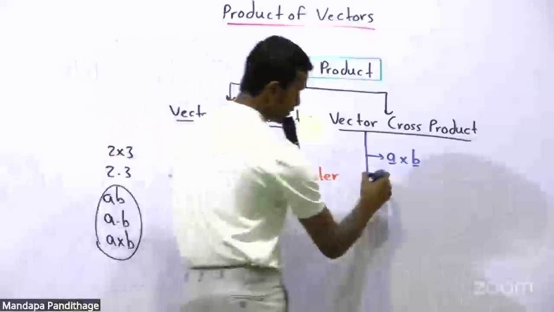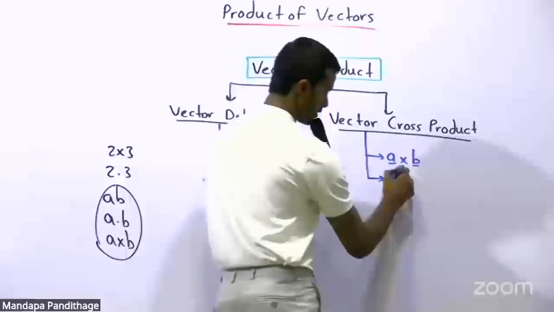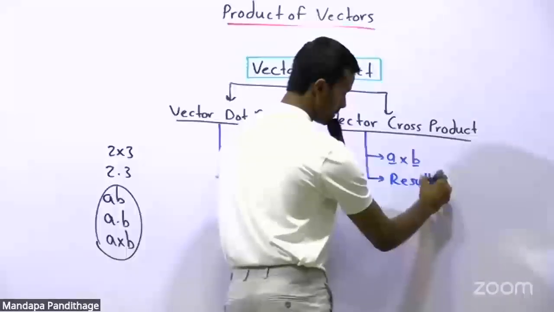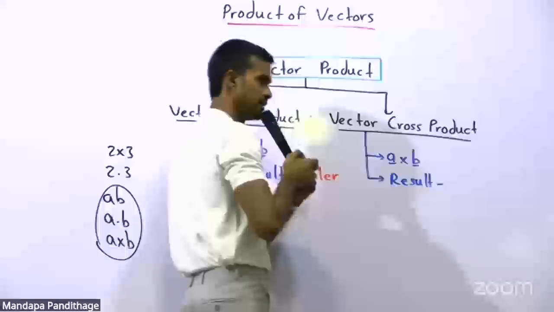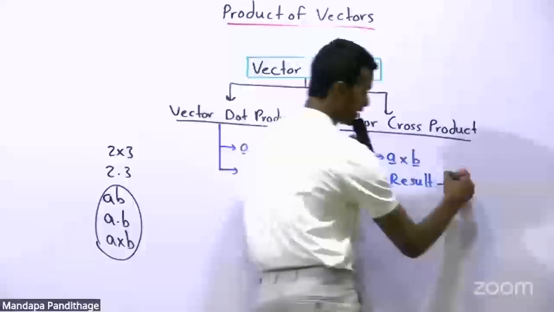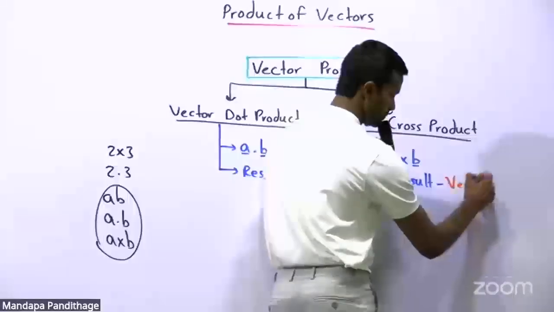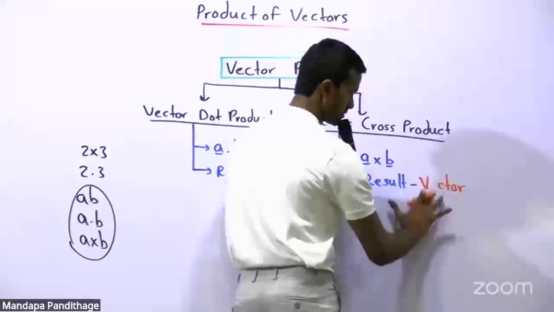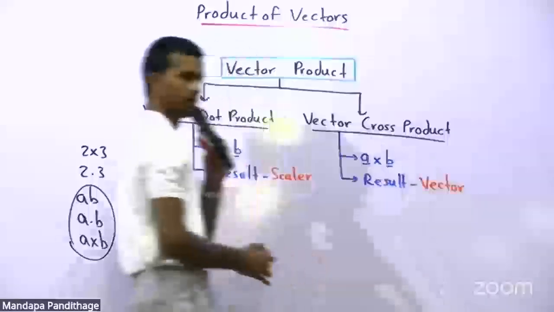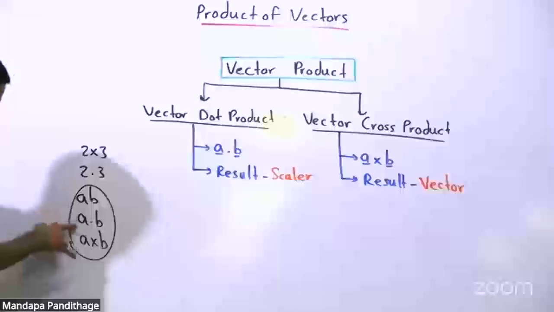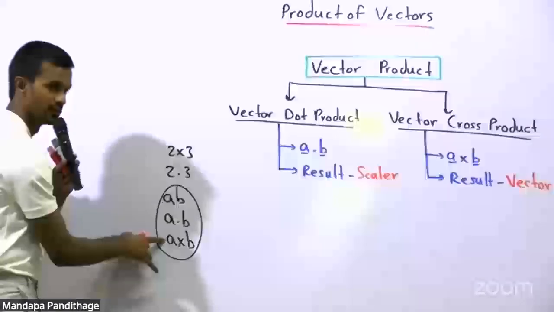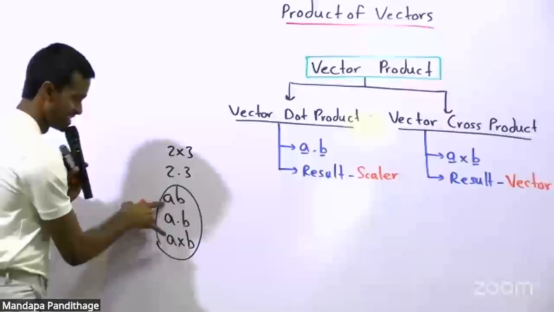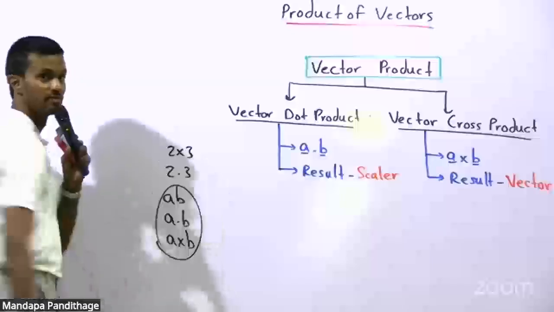But the result of a vector cross product is a vector. So it's clear we are getting two different results, no? When it is two scalars or two magnitudes or constants, simply two numbers, even though we write this in this way, we are getting the same result, AB, A dot B and A cross B.